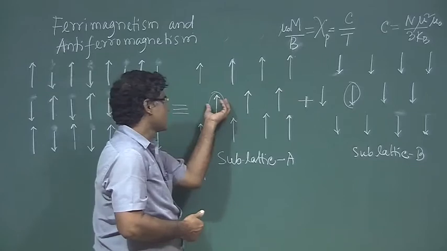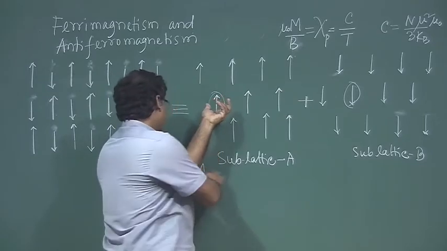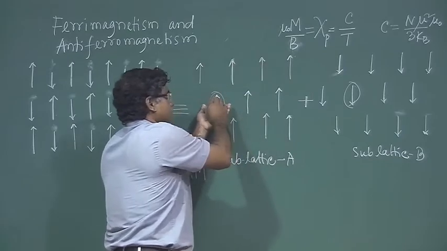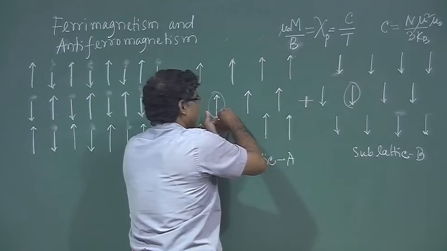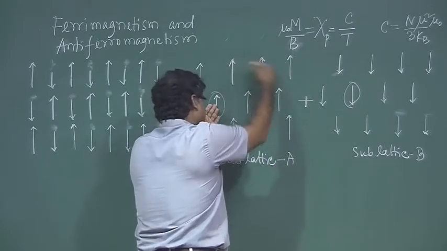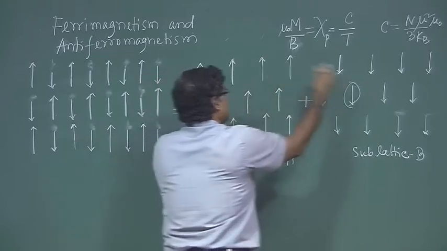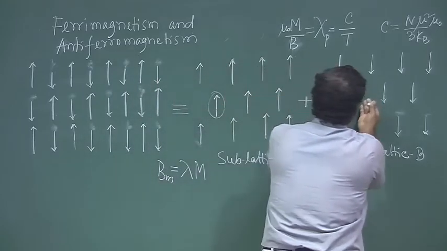So, here we can think that way: there is a molecular field from the A site as well as a molecular field from the B site. An A site spin will feel the molecular field from the A site as well as from the B site, and vice versa.